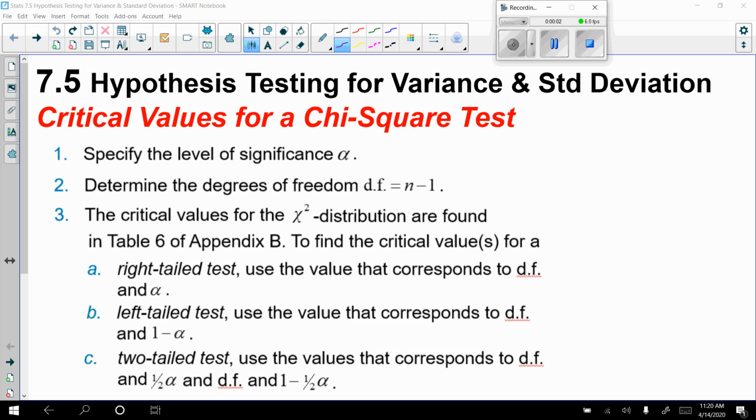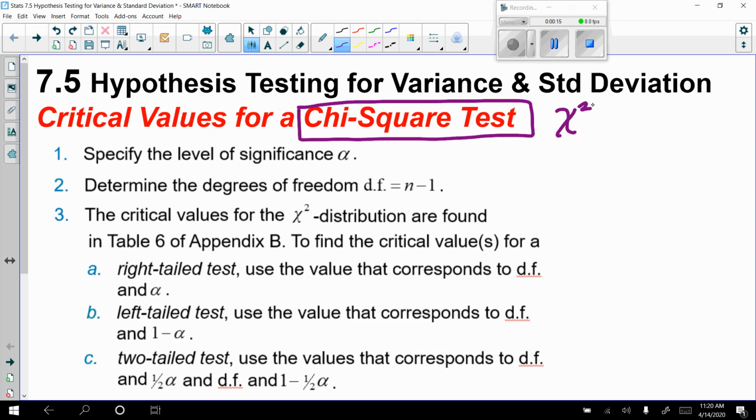The last section in Chapter 7 is hypothesis testing for the variance and standard deviation using the chi-square test. Remember, chi-square is this Greek letter capital X. When we're doing a chi-square distribution, you have to use degrees of freedom and find the critical values from a table in your appendix.